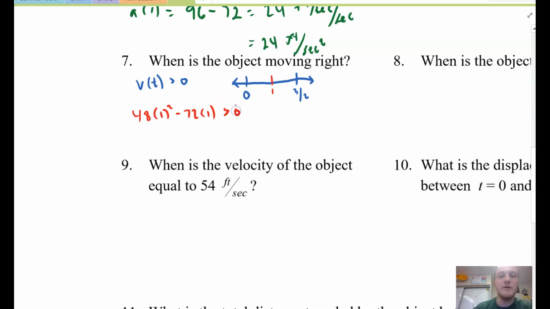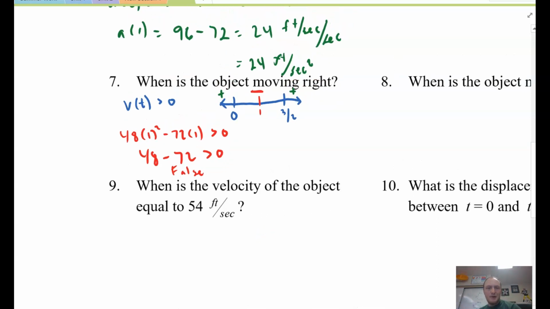Is this greater than or equal to 0? Well, we have 48 minus 72. Is this greater than or equal to 0? And this is clearly false, right? This is not true. So here we have a negative velocity in this area. That means the object's moving left in that time span, and our object is moving right on these areas. Okay, so there you have it.